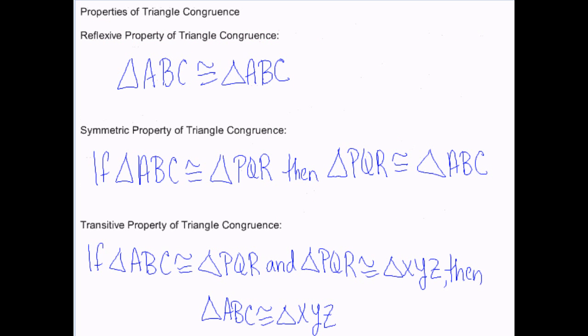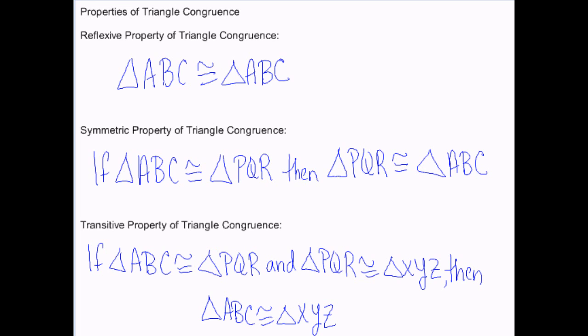Same properties as we had before, but now with triangles. So reflexive property, ABC is congruent to ABC, same as itself. Symmetric property, if ABC is congruent to PQR, then PQR is congruent to ABC. That's the flip around the equal sign thing that we have.